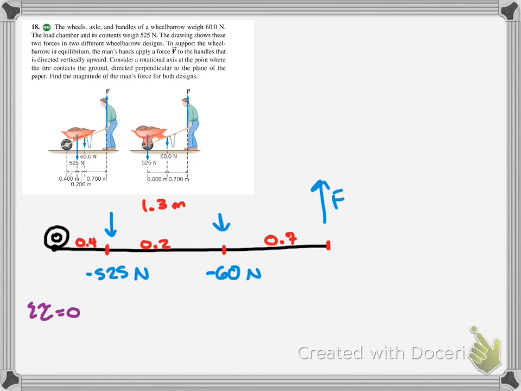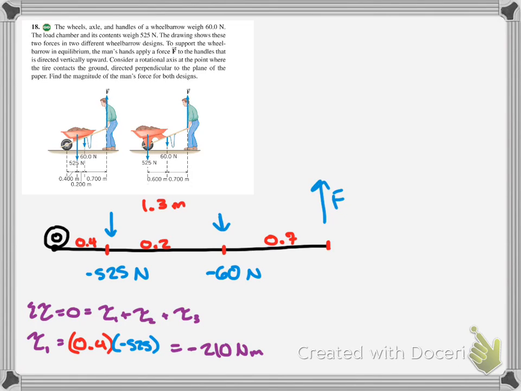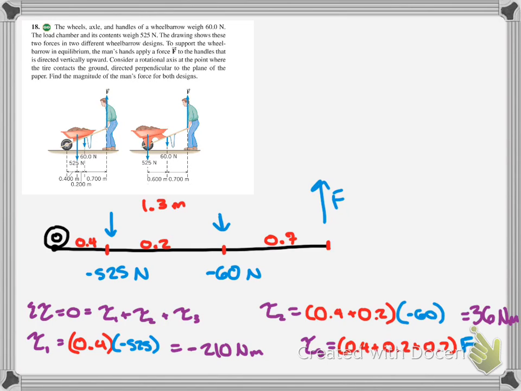So the problem straight up tells you that it's an equilibrium. That means that your net torque is 0, right? That means that 0 is also equal to torque 1 plus torque 2 plus torque 3. Okay, so torque 1 is equal to the radius 0.4 times negative 525 newtons, and you get negative 210 newton meters.